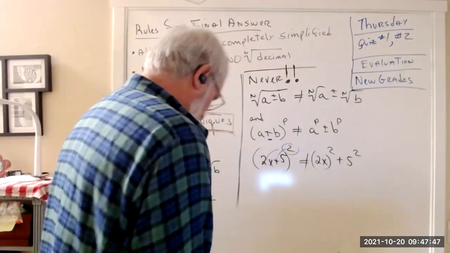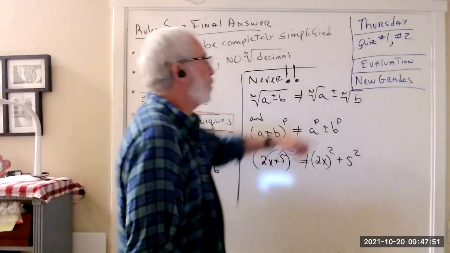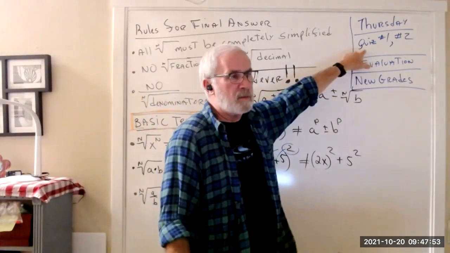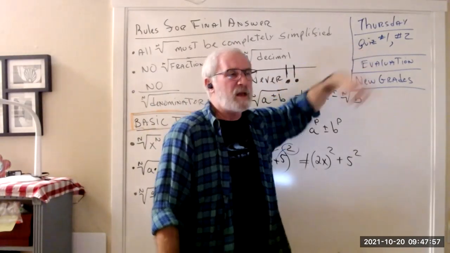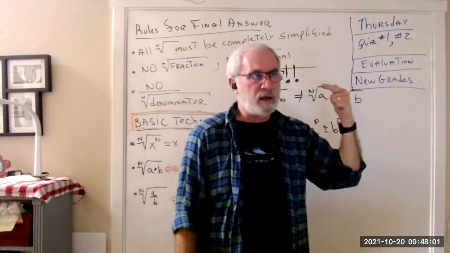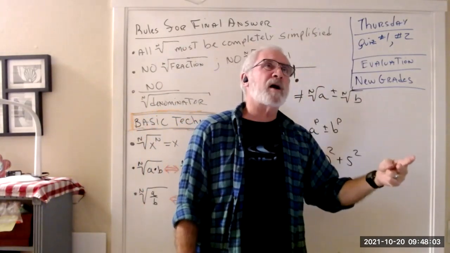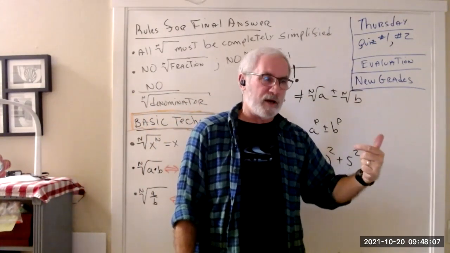Are these quizzes on the same topics? No. Quiz number 1, if you go into MOM, I think it gives you a brief explanation: simplify, multiply, divide, add, and subtract radicals.